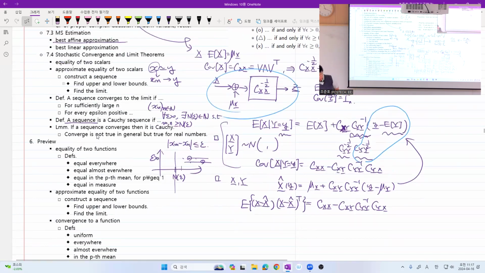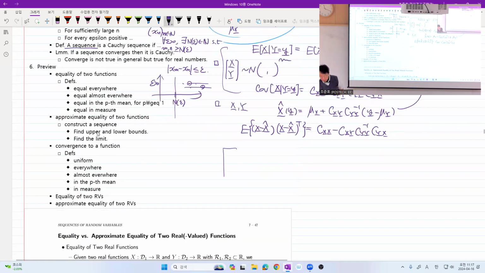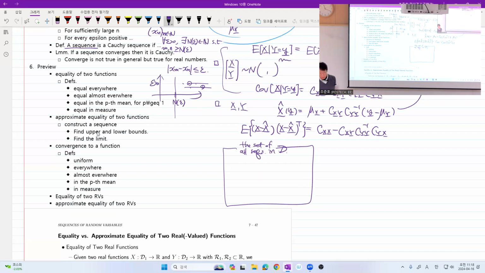So what did I say? Here is the set of all sequences, not necessarily sequences of real numbers, sequences in some domain D, so the sequence terms are in this D. Then we have a very small subset of convergent sequences. But if this is too small, we cannot draw any Venn diagram, so let me exaggerate. So here, convergent sequences.